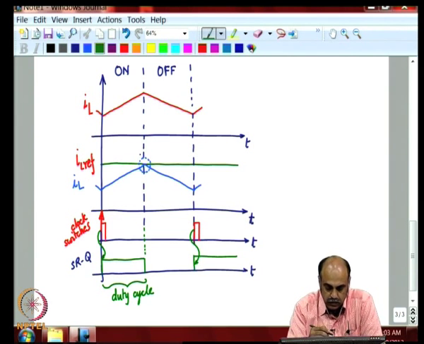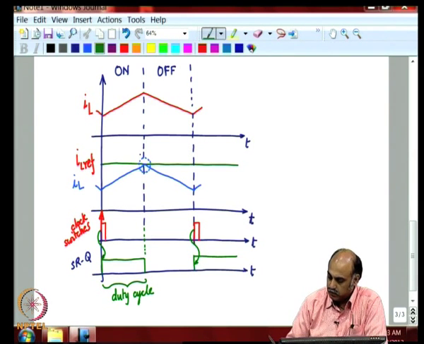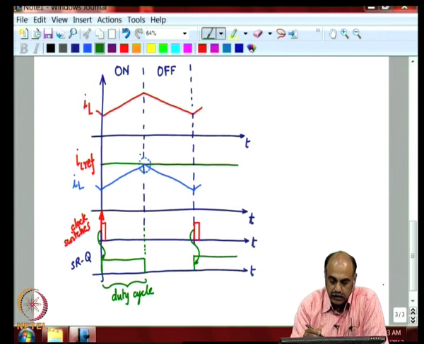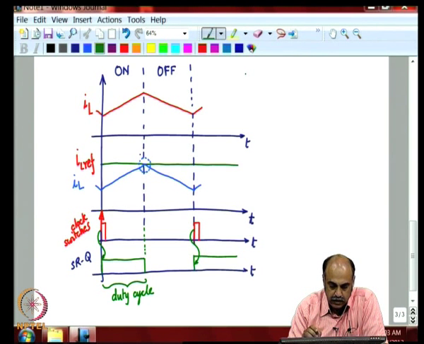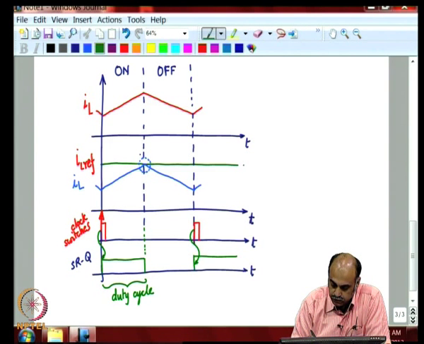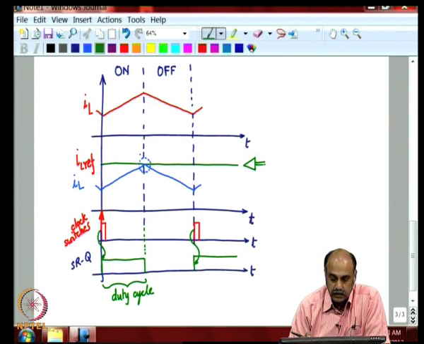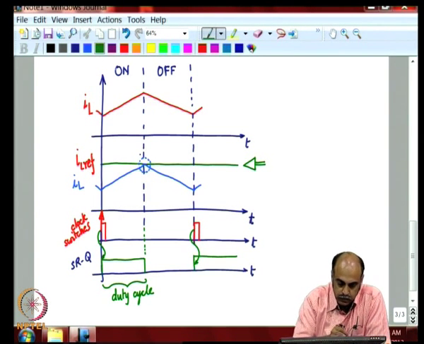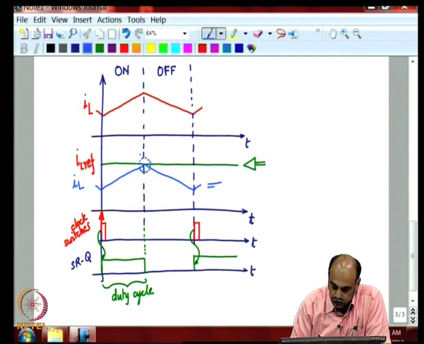Okay, if all else is working fine, this would give you a very nice current control. However, there is a problem in current control which we will just now start to discuss in a short time, and that is related to this constant reference and also to the inductor current wave shape.